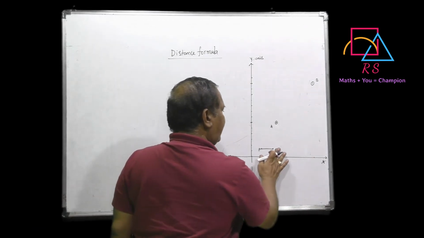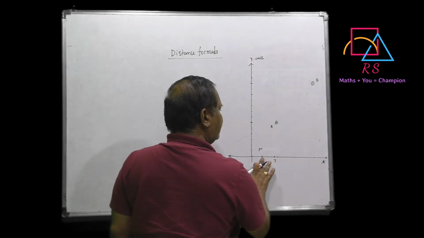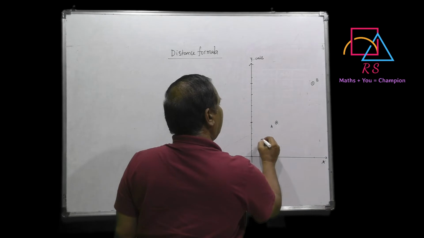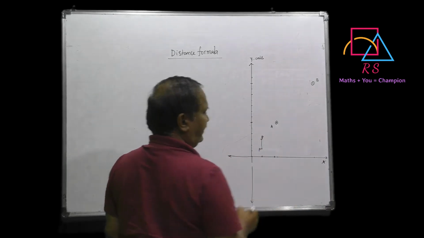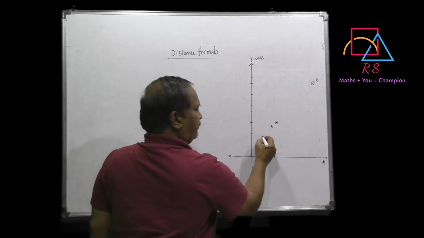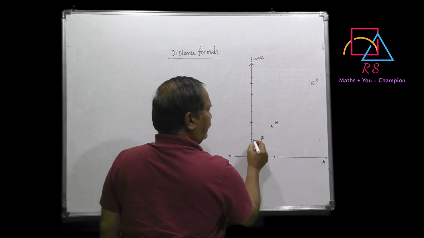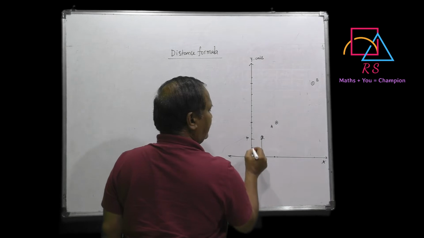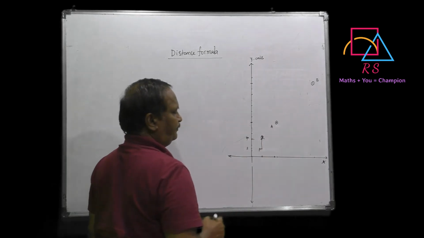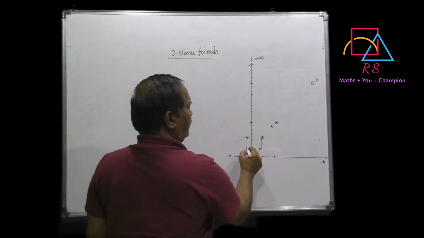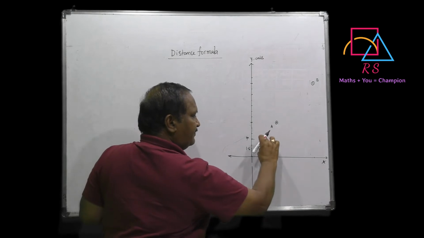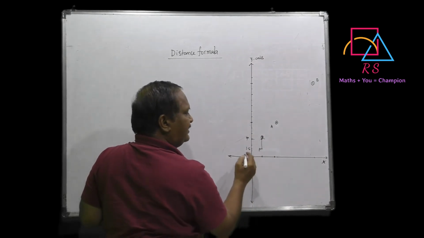In the same way, if it is a vertical distance, say this is the PQ. This is a vertical distance, PQ, and say this is 4 and this point is, let us say, 1.5. So this vertical distance we will measure from the vertical axis.